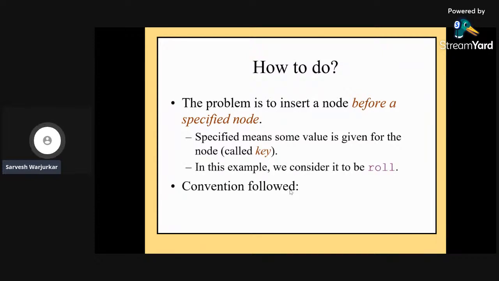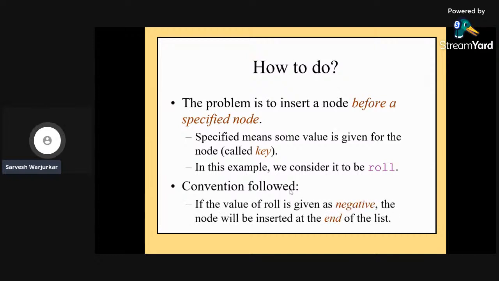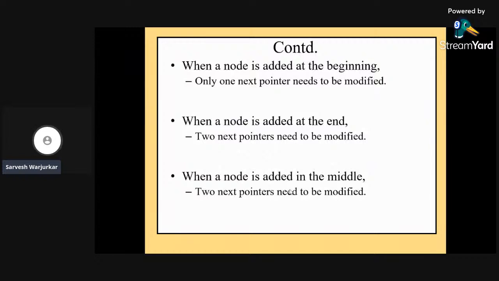In this example, we follow the rule we have already gone through, where roll number is given first, then the name and the age of that student. The convention is that if the value of the roll is given as negative, the node will be inserted at the end of the list.